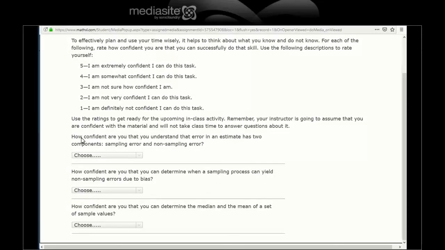So, how confident are you that you understand that error as an estimate has two components, sampling error and non-sampling error? Call sampling error the fact of using a sample versus the population. Non-sampling error is essentially methodology, a bias, doing it incorrectly.